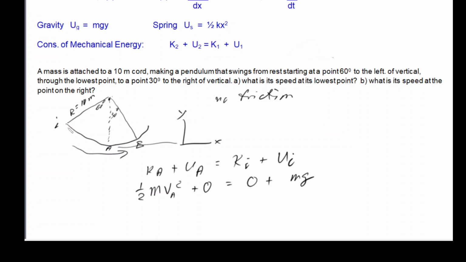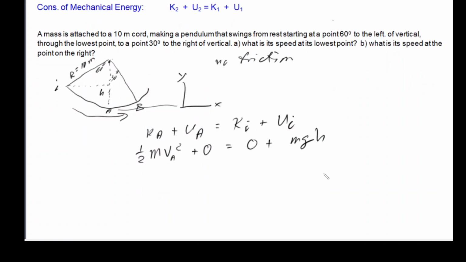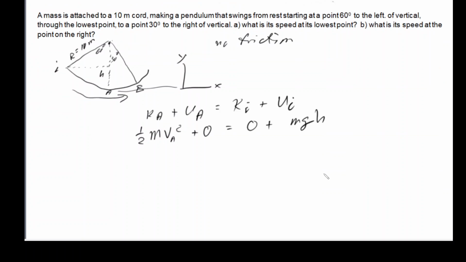Now we have to find h, which we will do in a minute. So basically we can cross out the masses, and we get 1/2 vA squared is equal to gh, so vA ends up being the square root of 2gh.